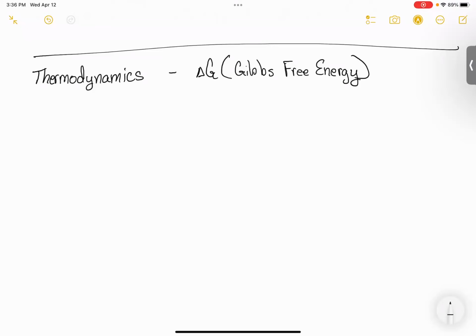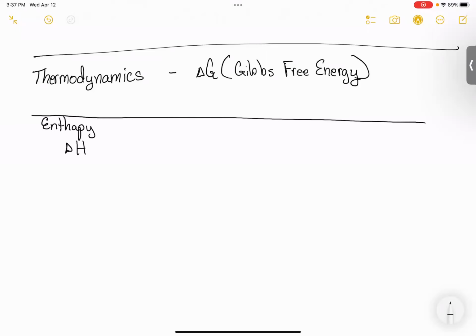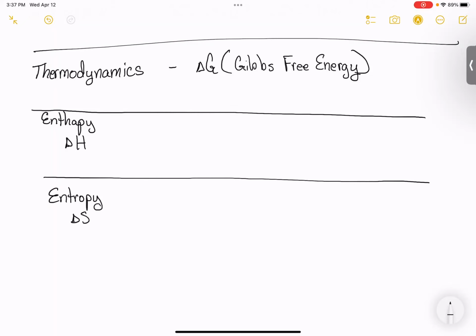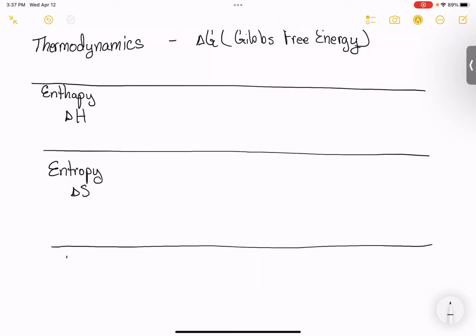Meaning we have to have discussed enthalpy, which you already have, which is delta H. We have to discuss entropy, which is delta S. And ultimately, once we get through those two things, we can finally get to Gibbs free energy, which is our delta G.